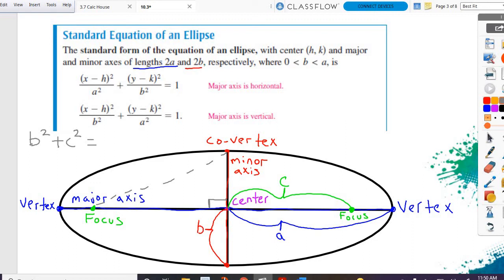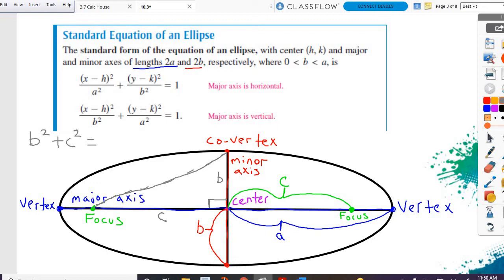The hypotenuse squared. Sure, okay, I agree. So, do we see that I have a triangle here? Yeah. Okay, do we see that it's a right triangle? Yes. Do we see that because my focus on either side is the same distance, my bottom leg would be C, and because they have to be the same distance to my co-vertex, the right leg would have to be B. Agreed?